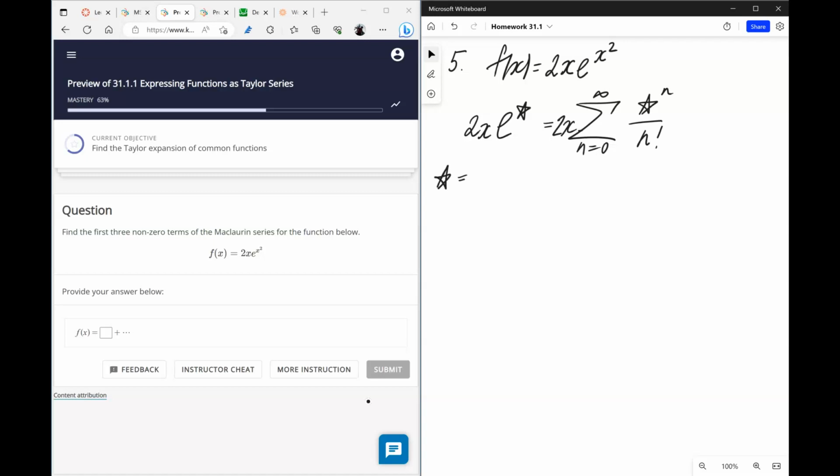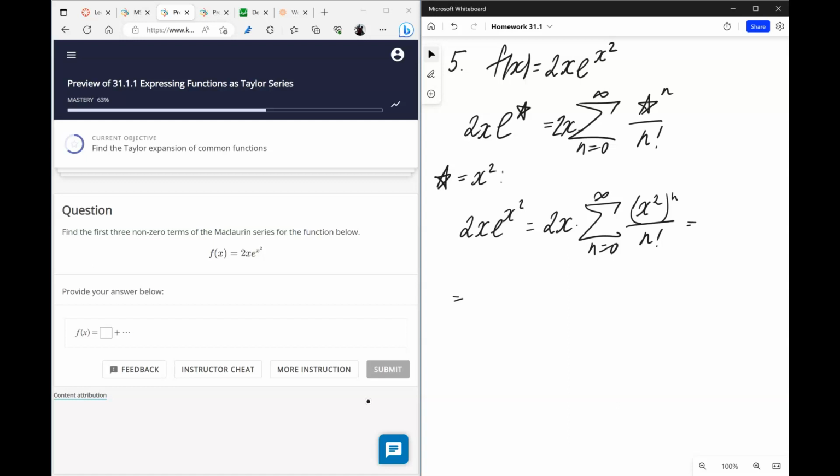After we set star to be equal to just x squared, we get 2x e to the power x squared equals 2x sigma x squared to the power n over n factorial.